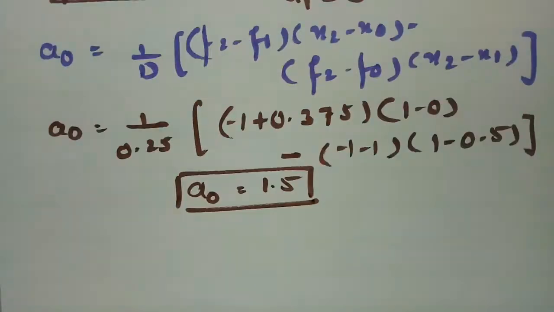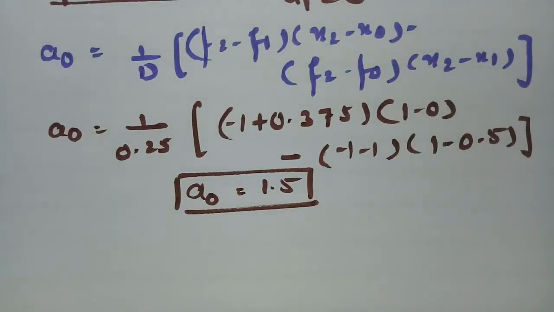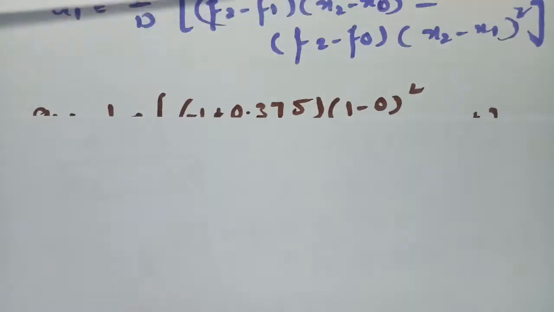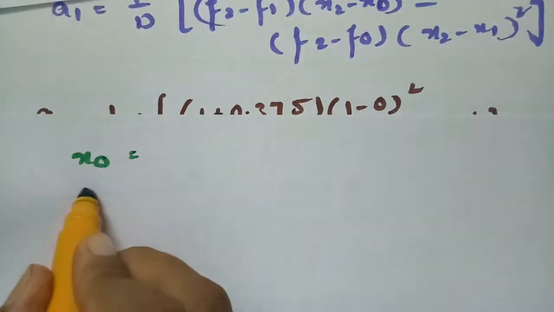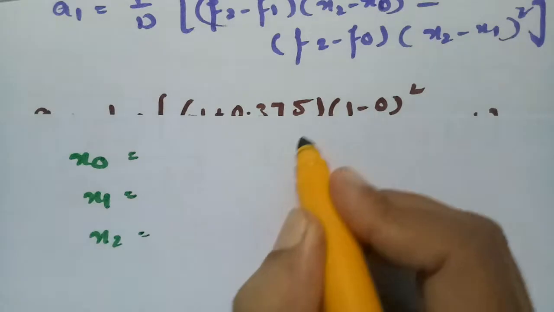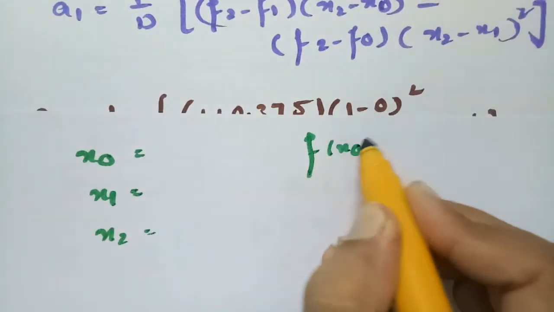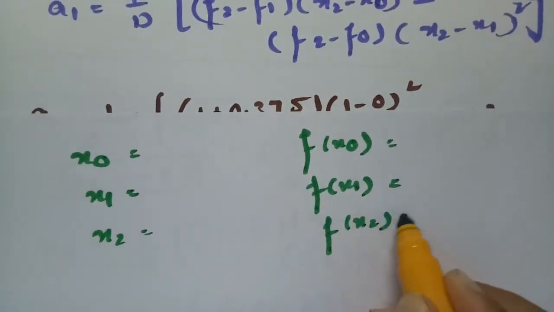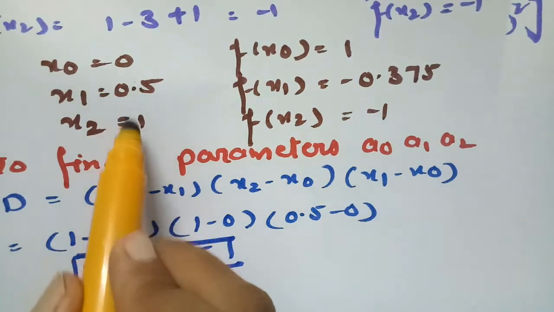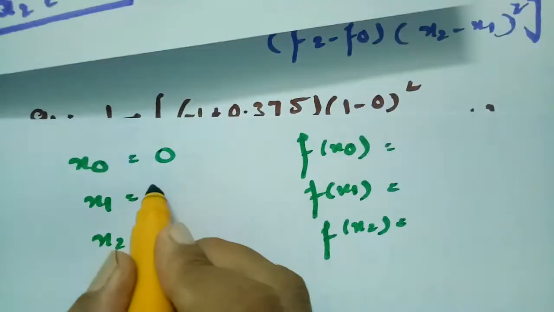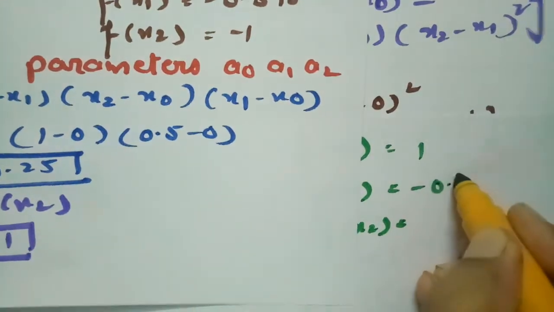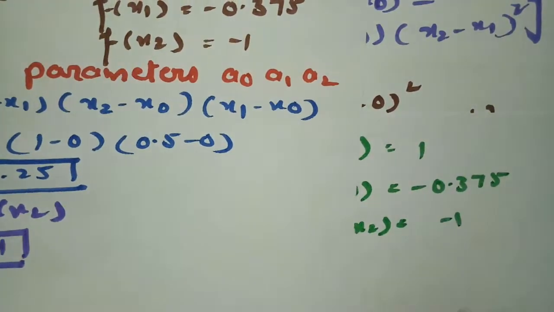So we got all the values here. Let me show you once again. First we have the x0 value, x1 value and x2 value, and f of x0, f of x1, f of x2. x0 is 0, 0.5, 1, and the next ones are 1, minus 0.375 and minus 1.